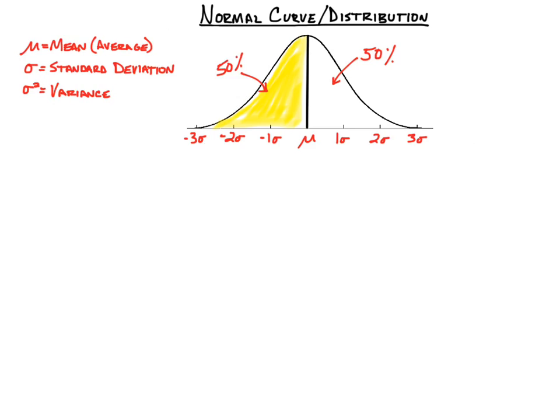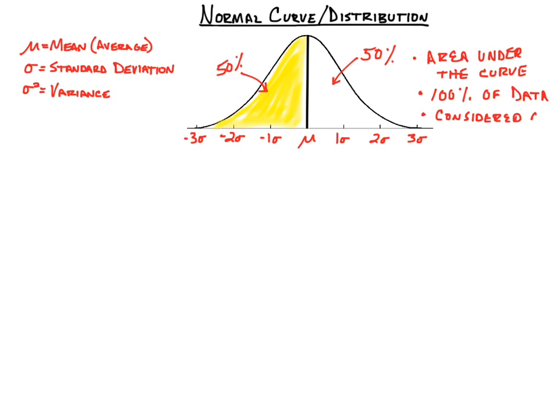And really what this means, as we start looking at this a little bit further, is that we're talking about the area under the curve. Now that gets into a little bit more of calculus, but we use that term area under the curve interchangeably along with 100% of the data. So we could be talking about data, the area under the curve, or also probabilities.